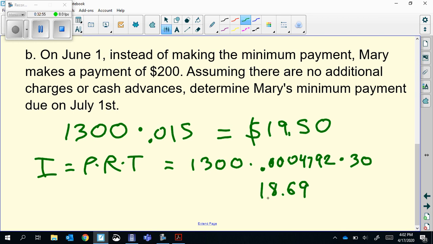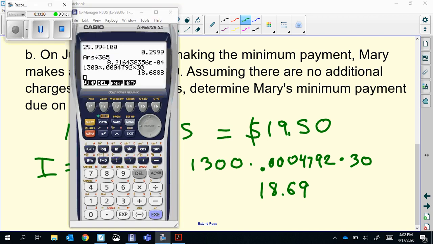Now you're paying almost $19 in principal and almost $19 in interest. So we need to add those two together, the $19.50 plus $18.69. And that would be your minimum payment.